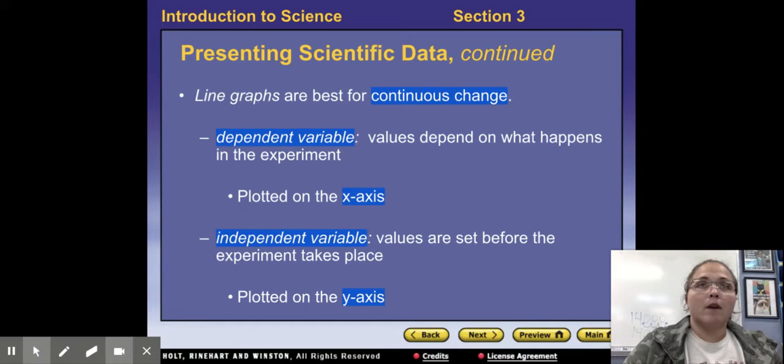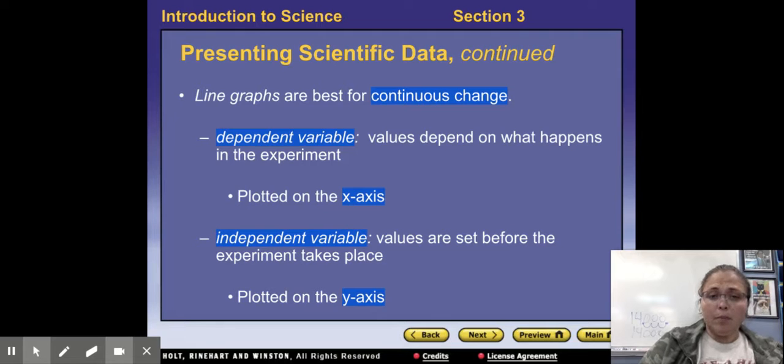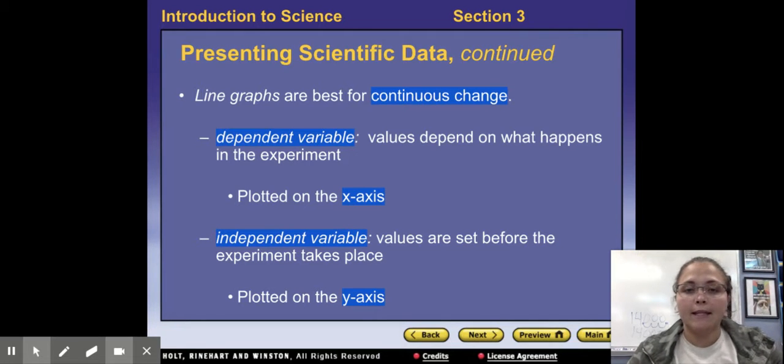So maybe if I was doing a line graph of the height of a plant that was growing, the dependent variable would be the height of the plant. And so we have to wait and see how tall the plant grew before we can determine the values we would use on the line graph. And so dependent variables are always plotted on the x-axis, the bottom of the line graph going horizontally.